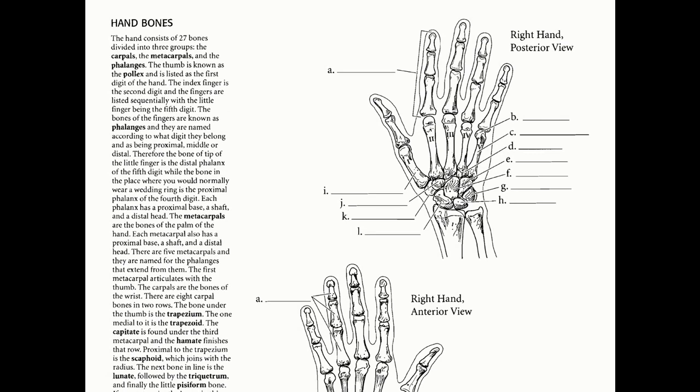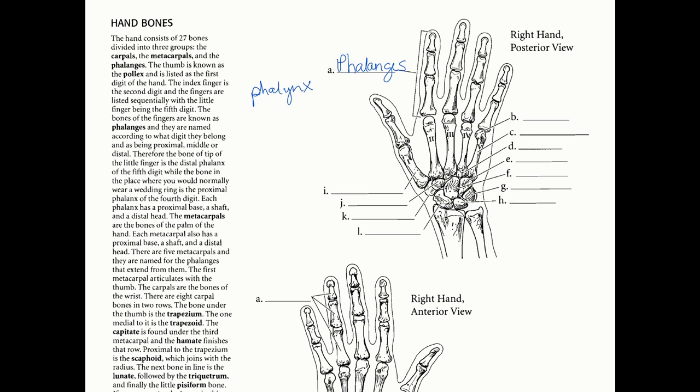Starting with A, we have the phalanges. Phalanges is the plural version. If you want to use the singular, it is phalanx. And we number them: first phalanx, second phalanx, third, etc., starting with the thumb, which is 1.